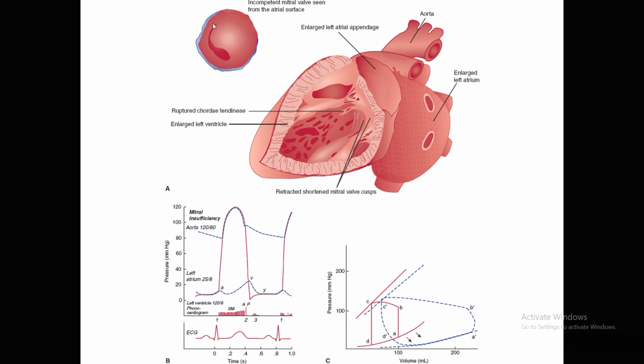Because of the incomplete closure of the valve cusps, there is a return of blood back to the atrium because of the pressure gradient during the ventricular systole. Regurgitation is generated in that way. The left atrium is overfilled with blood, enlarged, dilated, and the hydrostatic pressure of the blood is increased.